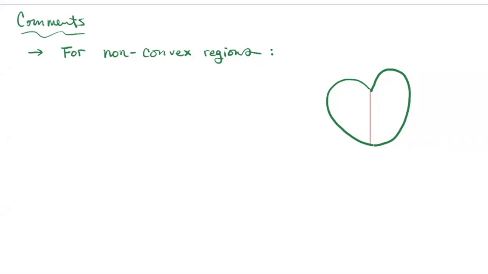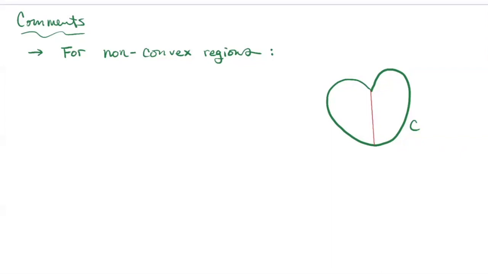So I wanted to talk about non-convex regions. I'm going to do a slightly different approach here. I'm just going to cut this region like this, and so this is still my curve C. Now, the technical definition of a convex region is that it contains all of its line segments.